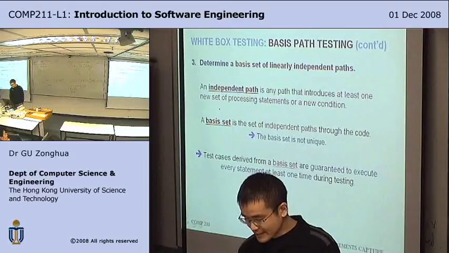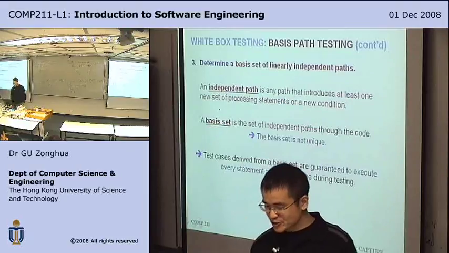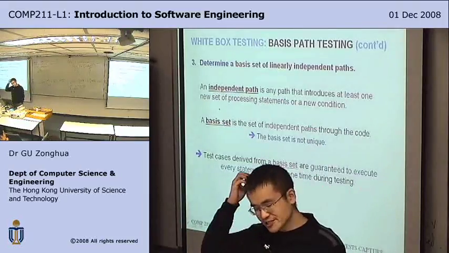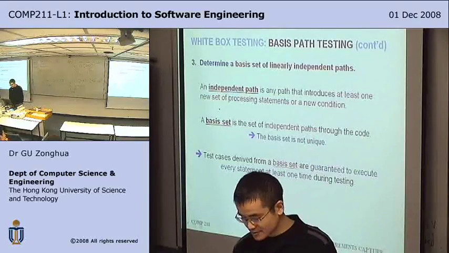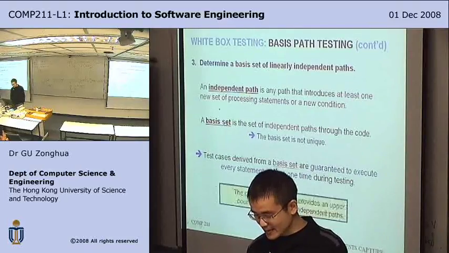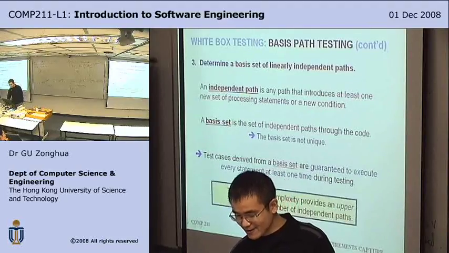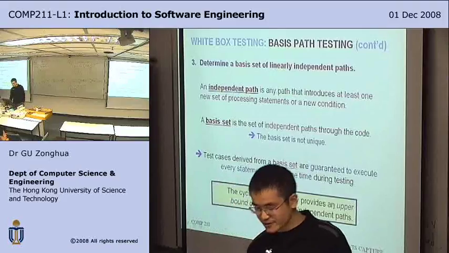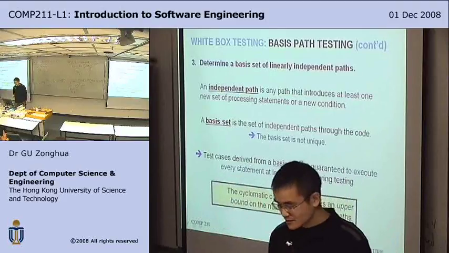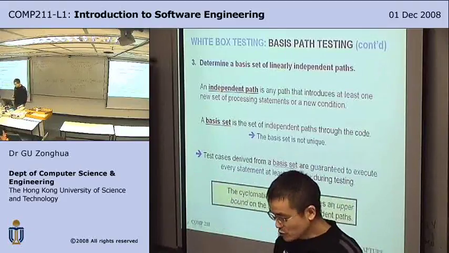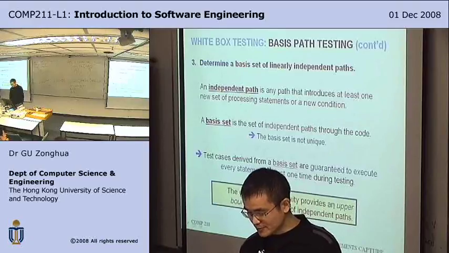An independent path is any path that introduces at least one new set of processing statements or a new condition. A basis set is a set of independent paths. Cyclomatic complexity provides the upper bound on the number of independent paths. It could be equal or it could be just the upper bound.